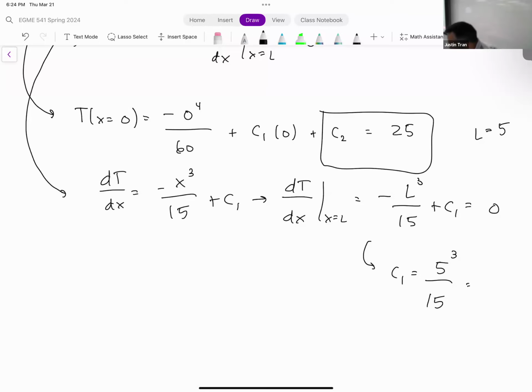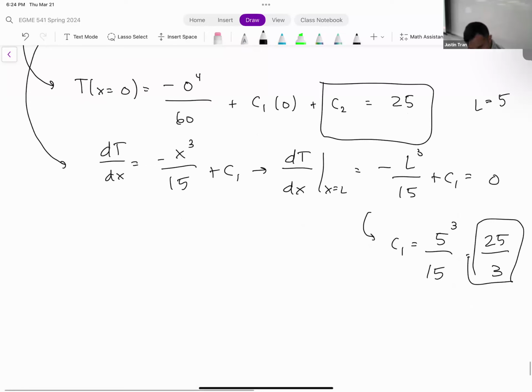We get 5 squared over 3, which is 25 over 3. Okay. All right. So we plug both those in and we get T of x equal to minus x to the 4th divided by 60 plus 25 over 3 x plus 25.